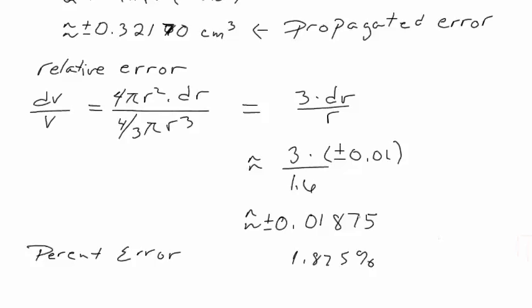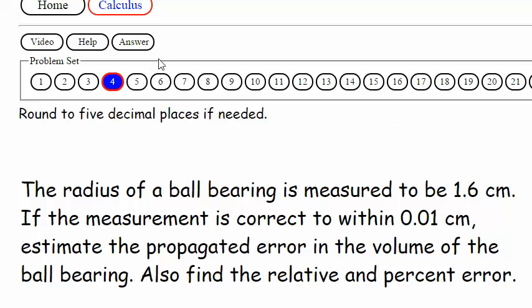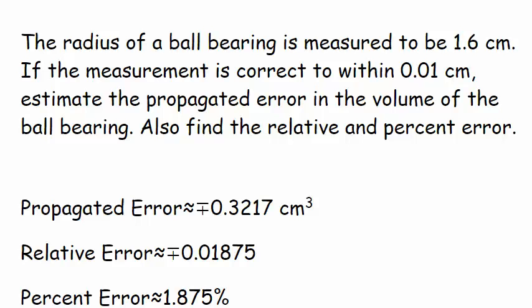And maybe we should go to the web page and compare our answers here. So let's remember what propagated error is. 0.32170, round to 5 decimal places if needed. Of course it says plus and minus, but it's the same thing. 0.3217.